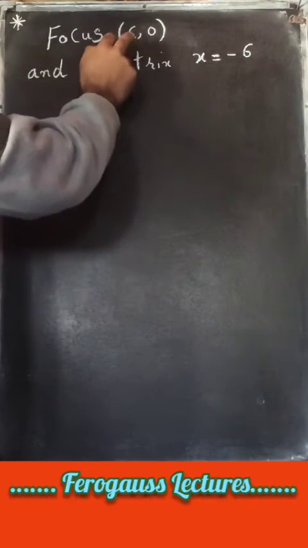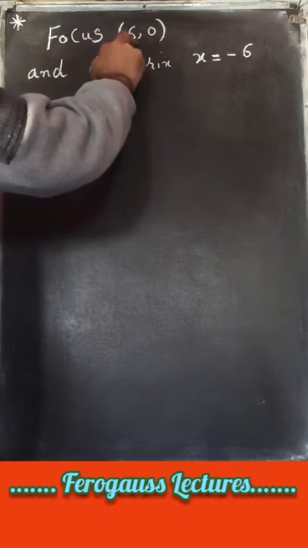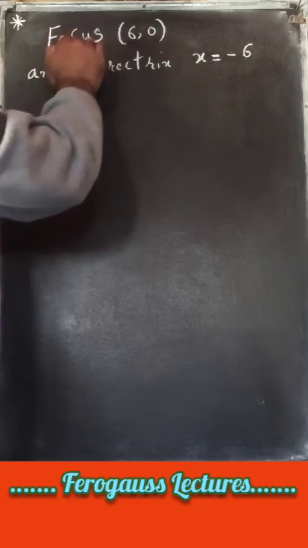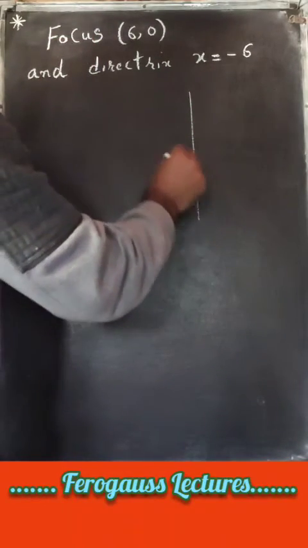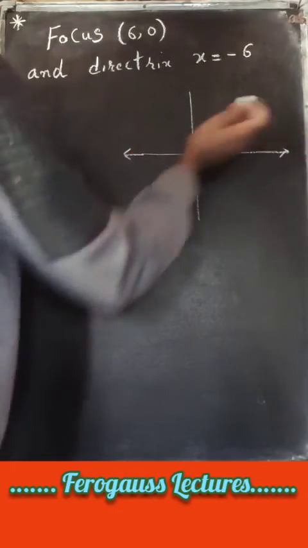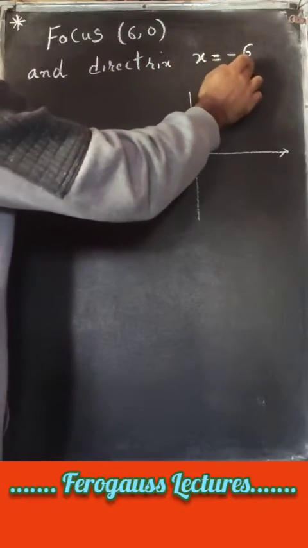Now since the x coordinate is positive and the y coordinate is 0, that means the axis of the parabola is along the positive x-axis. Also, the equation of the directrix is x equals -6.